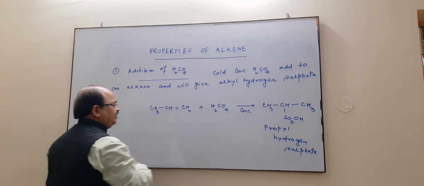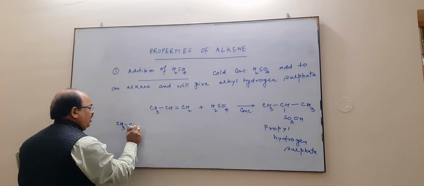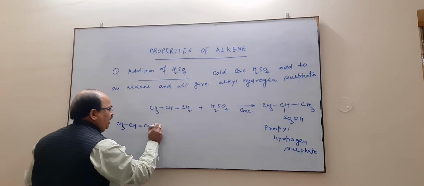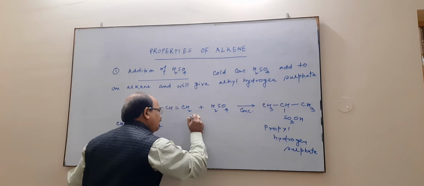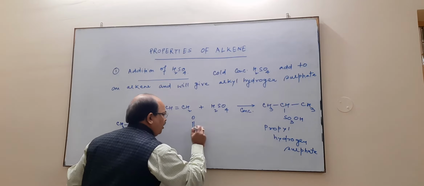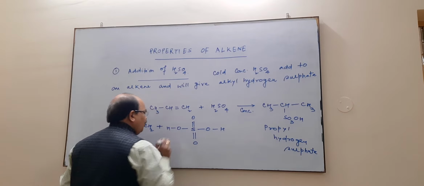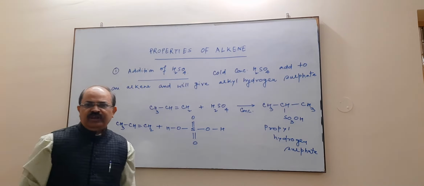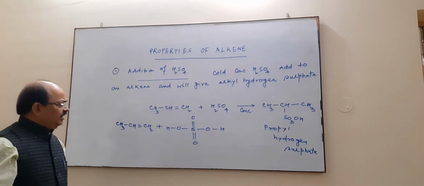For example, this is propene CH3 CH double bond CH2, and this sulfuric acid is sulfur, double bond oxygen, this is OH, and this is OH. So this is sulfuric acid.